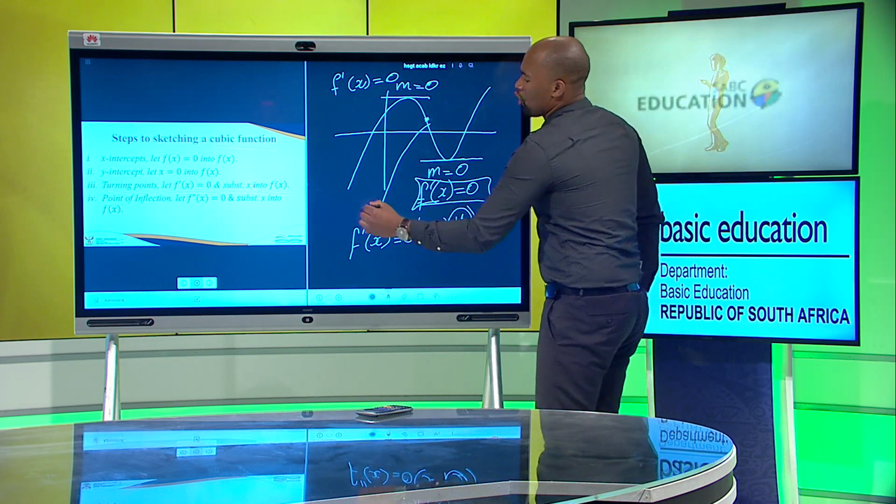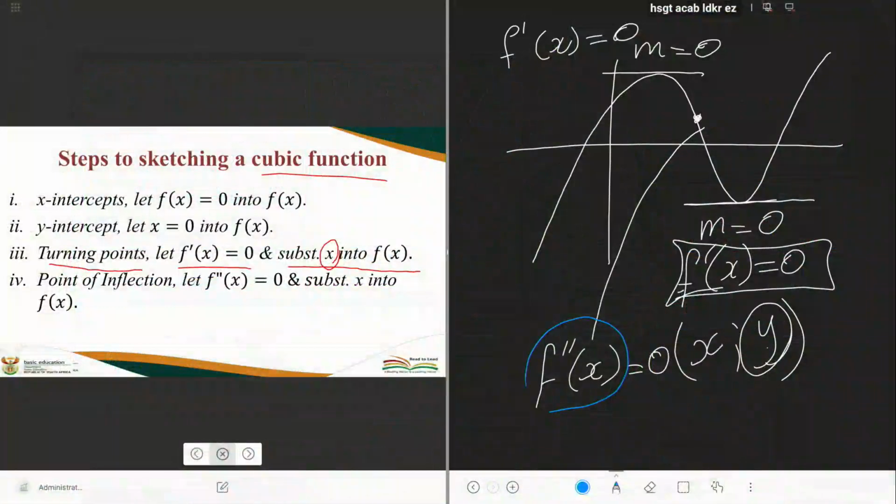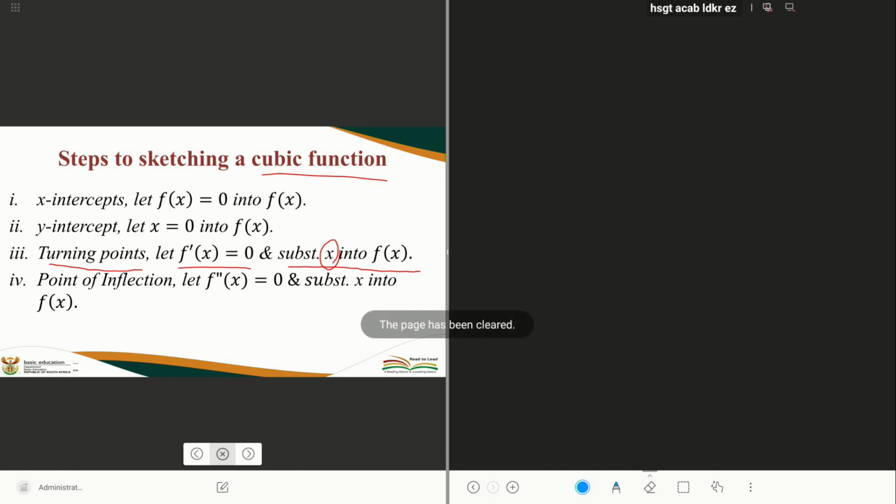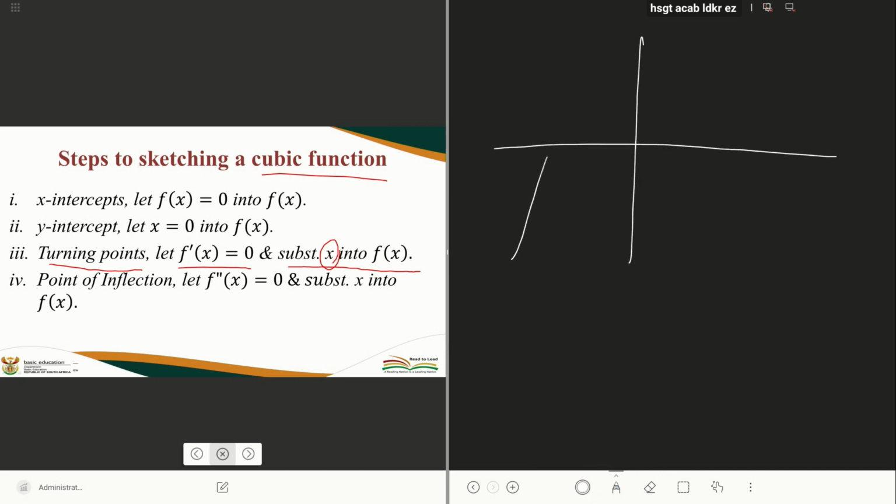If I draw the second derivative graph, it would be in the form of a straight line. So we have our cubic function, and the point of inflection, let's say, is there.